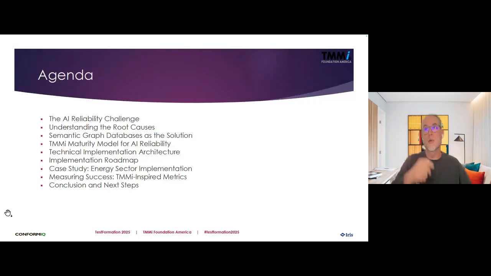So, agenda today, we're going to talk about AI reliability challenges, a little bit around the root cause nature of how these things manifest and how they really persist within the way things are designed today, how graphs can be an unlock, ultimately how team and my principles and maturity model can be applied to how we develop and actually release some of our solutions that we create, technical implementation, architecture, a little bit of the roadmap on how we build solutions as a company, a little bit on the case study side for the energy sector, just to give you an application and practice, and then measuring success.